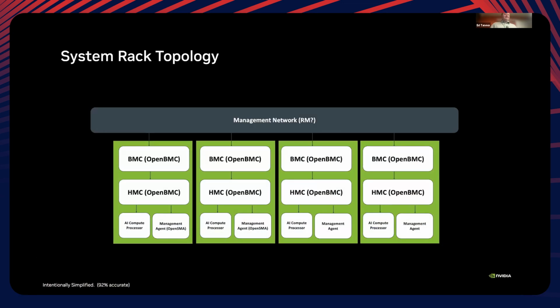So for a minute here, I want to talk about what system racks look like today. This is intentionally simplified, intentionally kind of abstract, squint your eyes, not really reality. But in one of a reference rack, you will see several instances of OpenBMC.